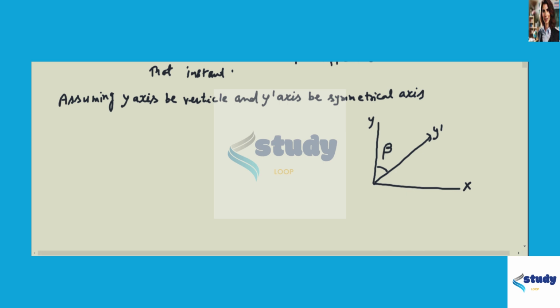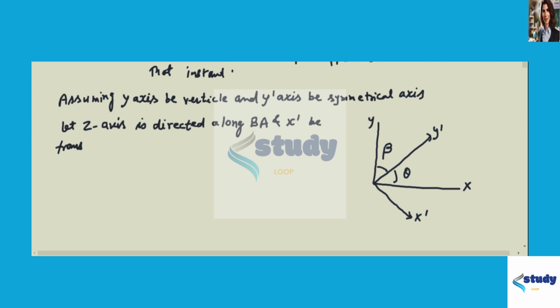This is the x axis. This is x dash. Let the z axis be directed along BA, and x dash be the transverse axis perpendicular to BA.